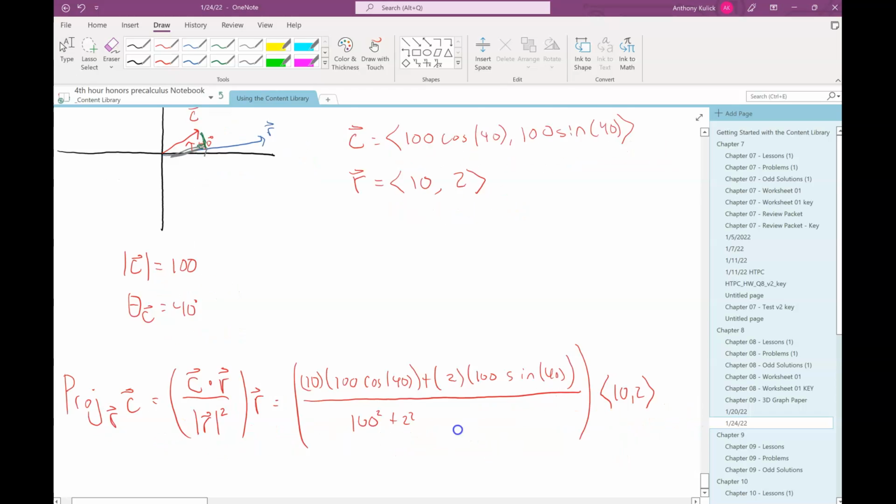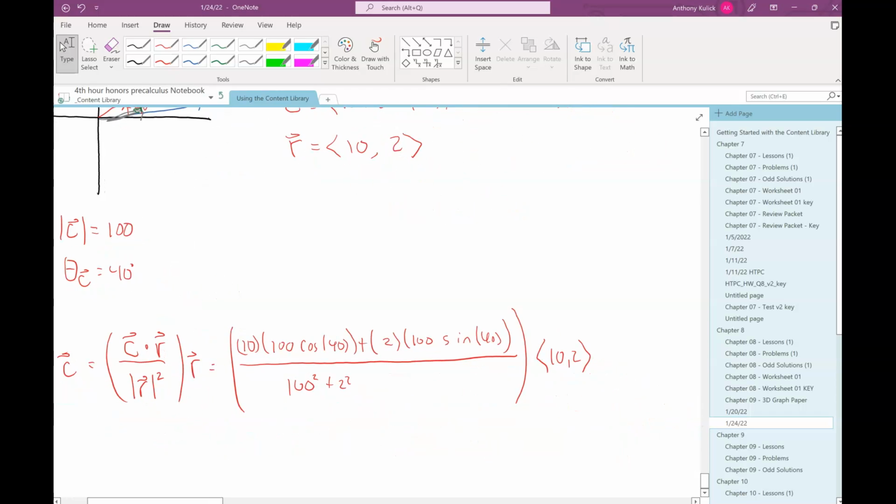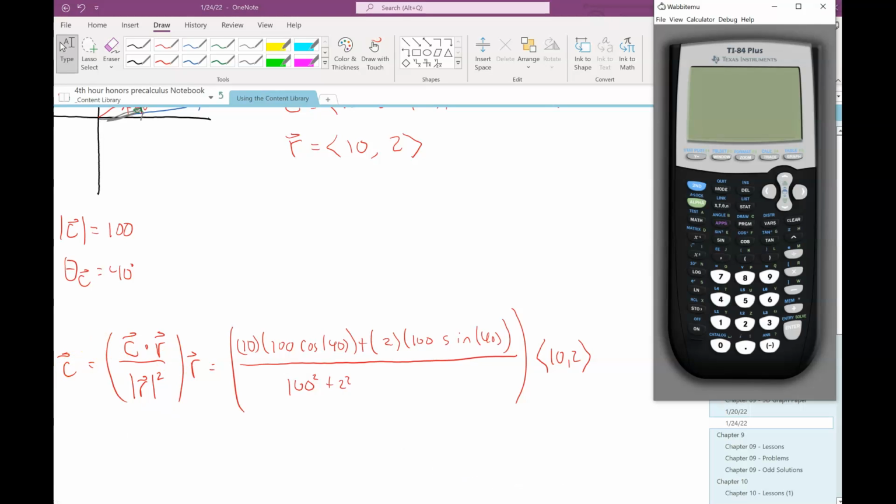Wait, what's in the bottom? The magnitude of R squared? The vertical bars around R? Yeah, that's the magnitude of R squared. That's okay.